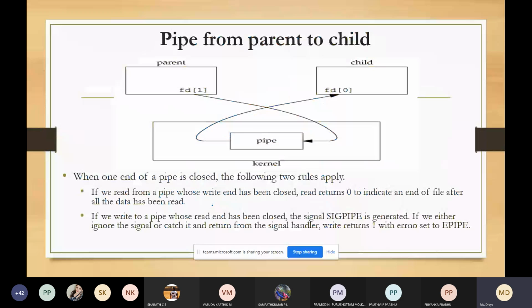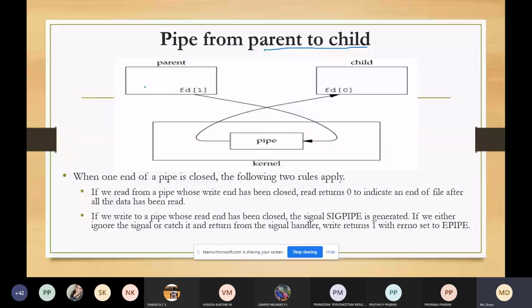Now suppose we have a pipe from the parent to the child, and the parent closes the read end of the pipe. Suppose the parent wants to write data to the child. Here you can see we do not have file descriptor 0, because the parent wants to write the data to the child.